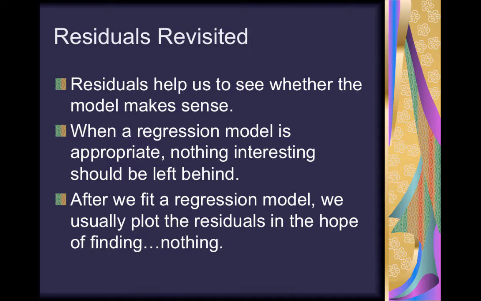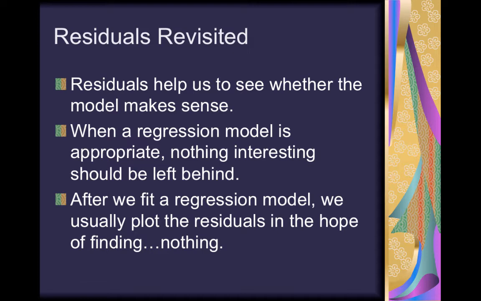If there is a pattern, if there's a curve, or it fans out, or it starts out random and then tapers off, that's indicating there's some other variable that is involved, or that a linear model is not appropriate for the relationship that we currently have. If that is the case, then we can't use our linear model, and we have to reassess the data that we have.